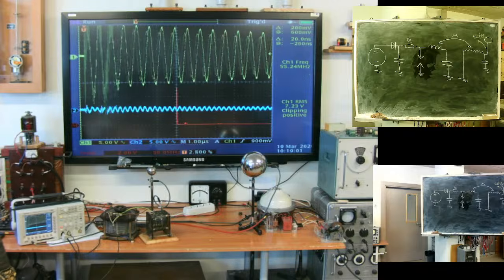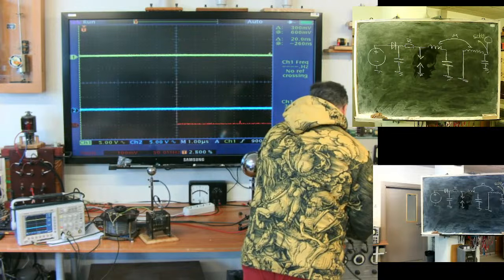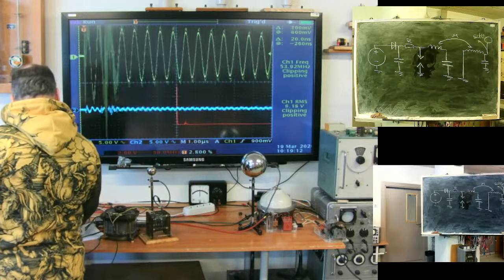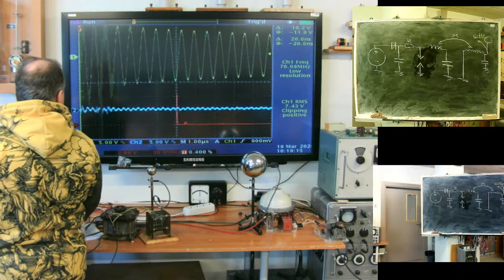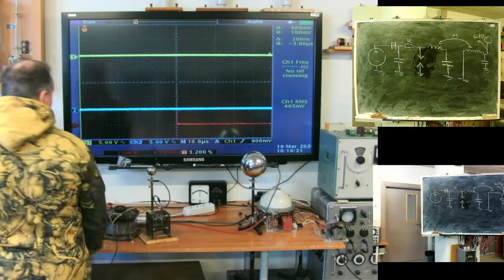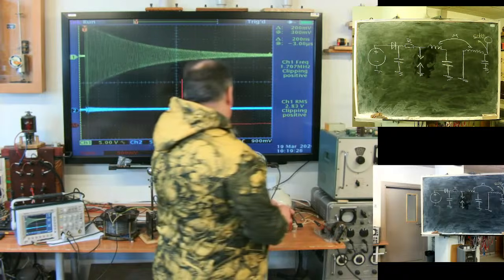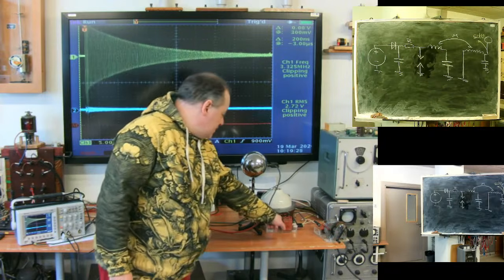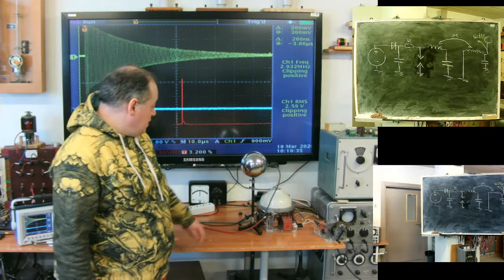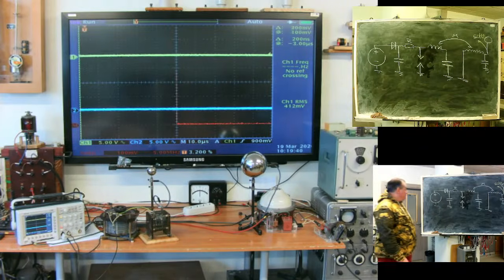You can see decaying oscillations, frequency approximately 1.7 megahertz. This ball and set of coils are in the glass vial. This is the discharge part. This one is the voltage divider for my scope.